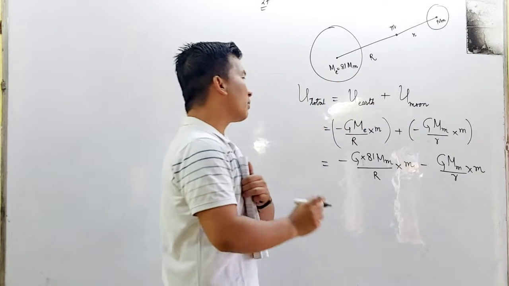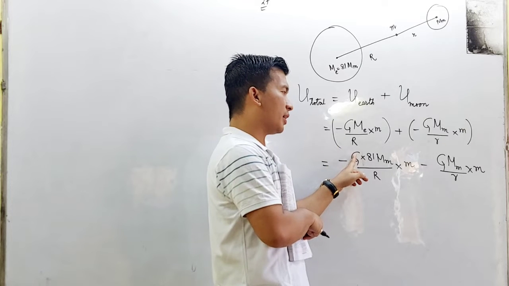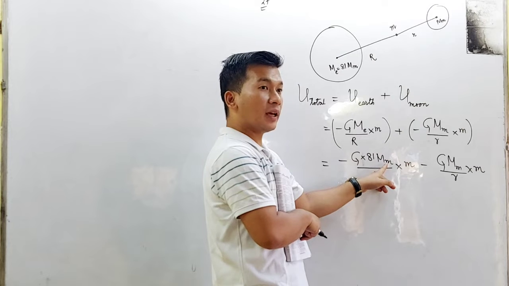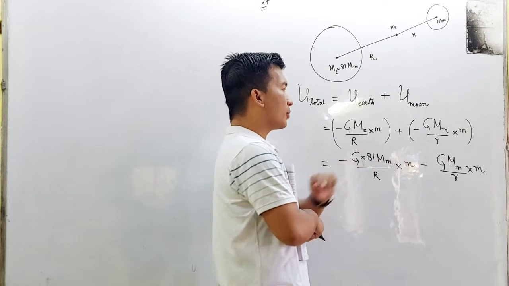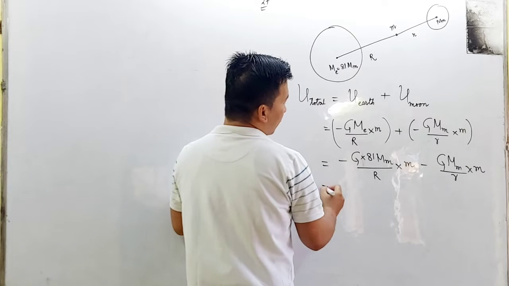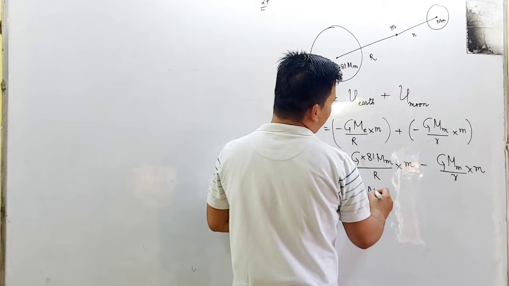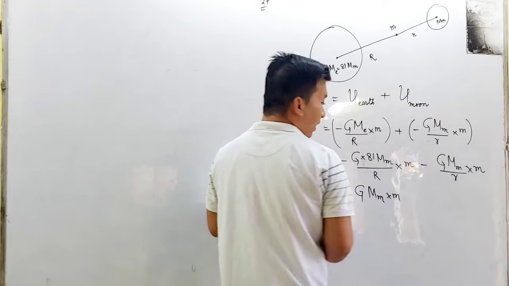So we can take the common factors, capital G capital M small m, outside, minus G times M into small m.